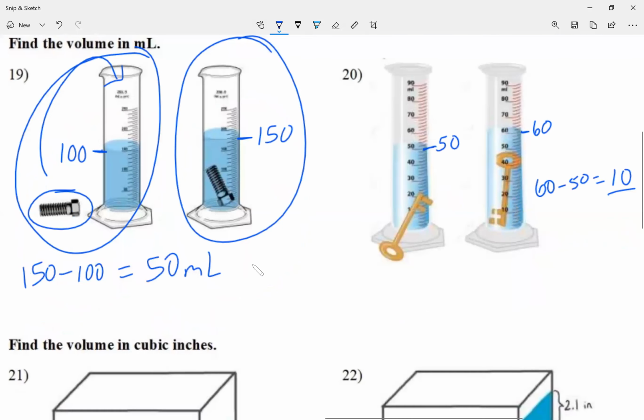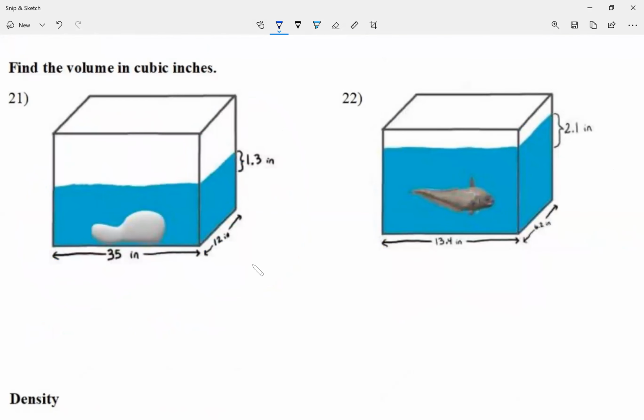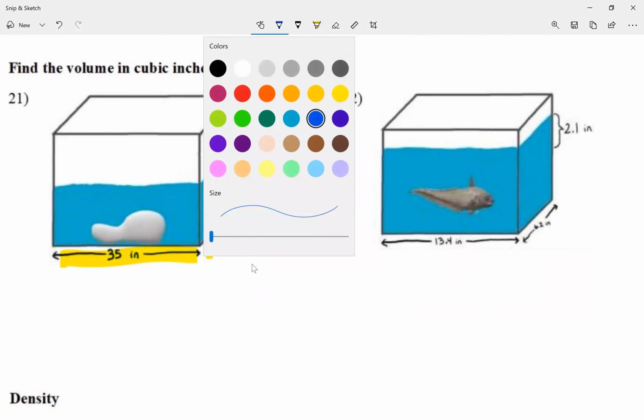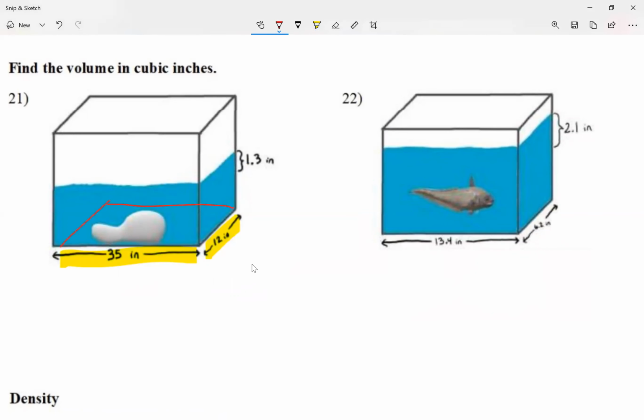But another thing I can do, if I want it in cubic inches, let's say I have a fish tank. I'm looking at question number 21, and I put in a figure. You guys see a white figure that I put in my fish tank. My fish tank's base is 35 by 12 inches. You can see that it will give me a 35 by 12 base.